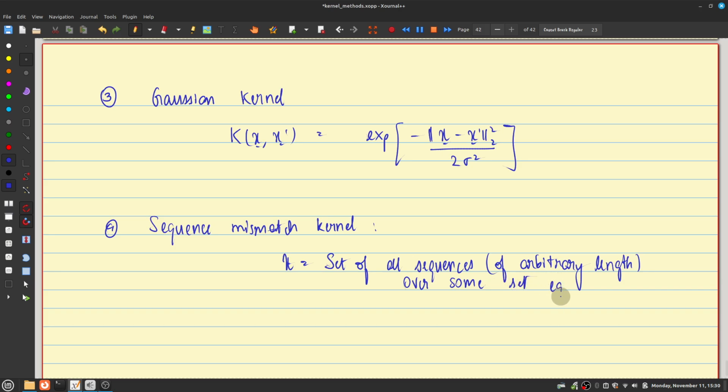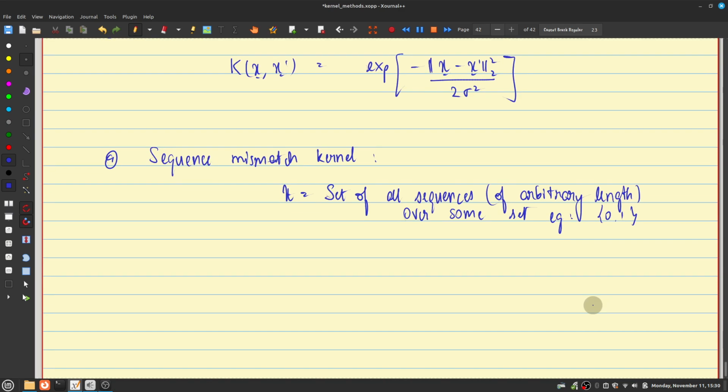For example, it could be the set of all binary strings. Again, when I say sequence, it means it has finite length, but the length could be arbitrary. So it could be 0, 1, 0, 0, 0, 1, along with just 1, 0. Two sequences need not have the same length, but they're all of finite length.